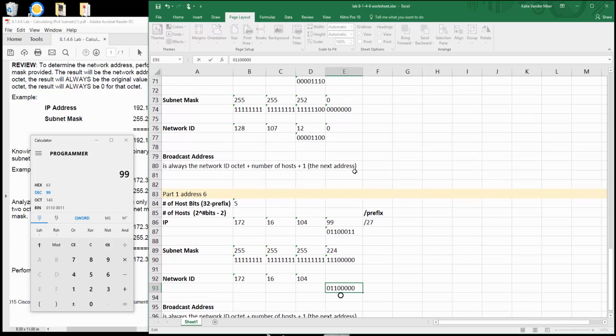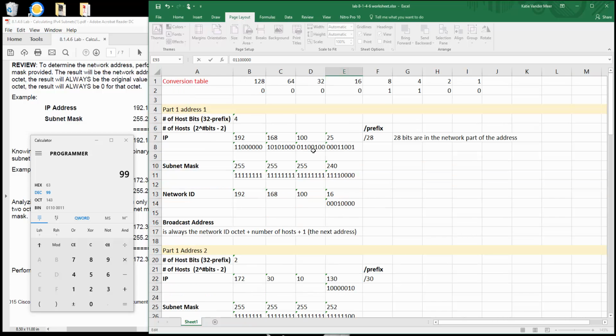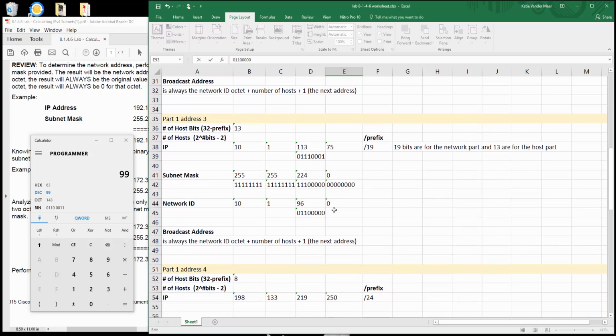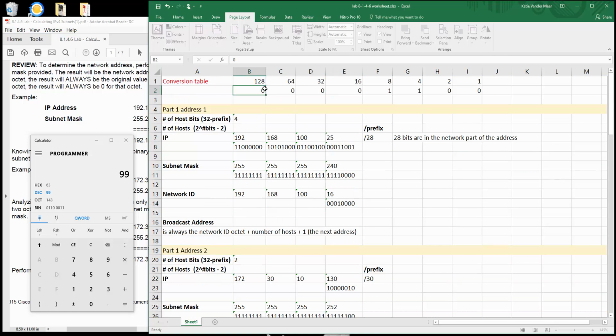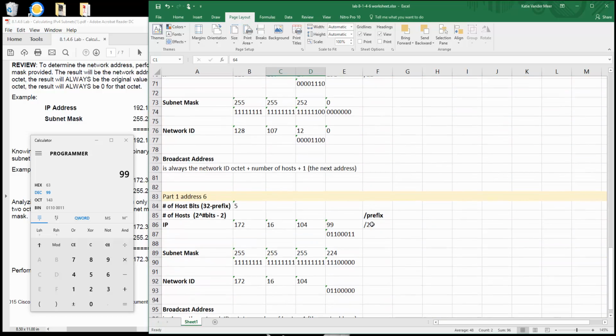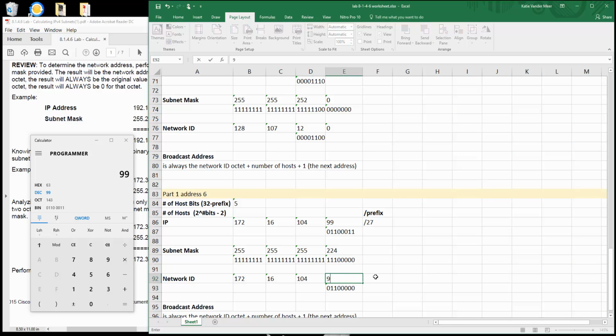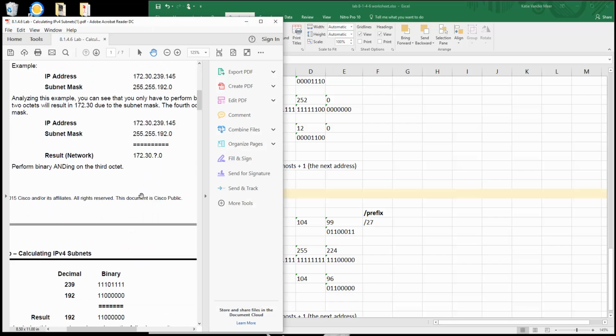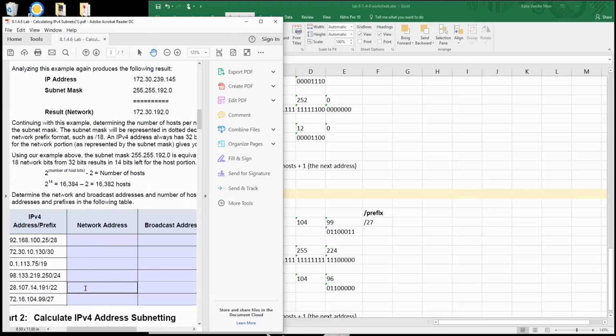And we have 224 up here before. 0110, and that was 96. 0110, which would be those two. So this 96. So address 6, the network ID 172.16.104.96. Okay. That is all of the boxes for the network address.